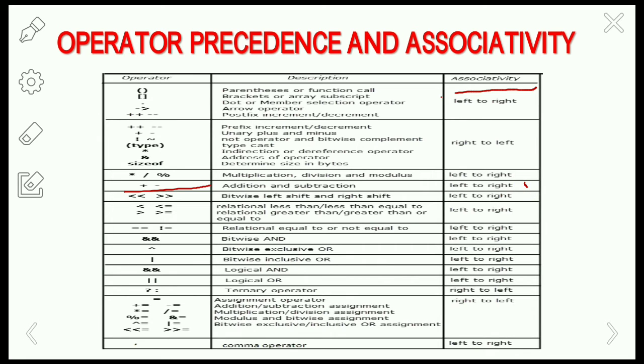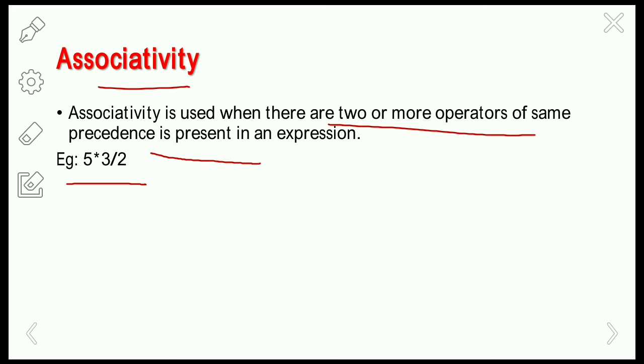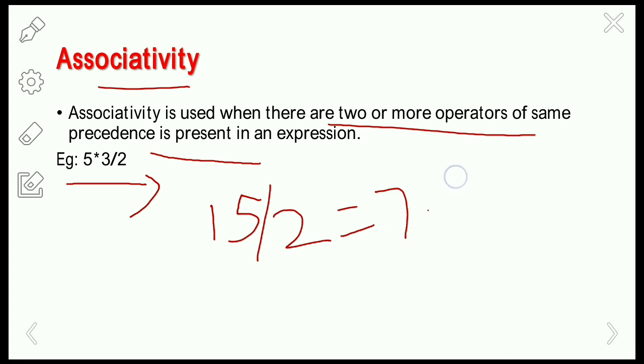There are two operators of the same priority, so we evaluate starting from left to right. 5 into 3 is 15, and 15 by 2 is 7.5. This is the answer for the given expression. This is how we evaluate an expression based on operator precedence and associativity.